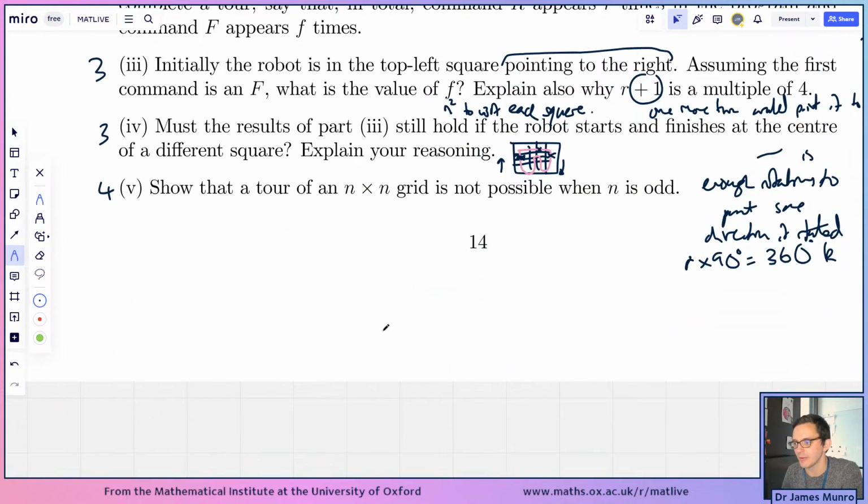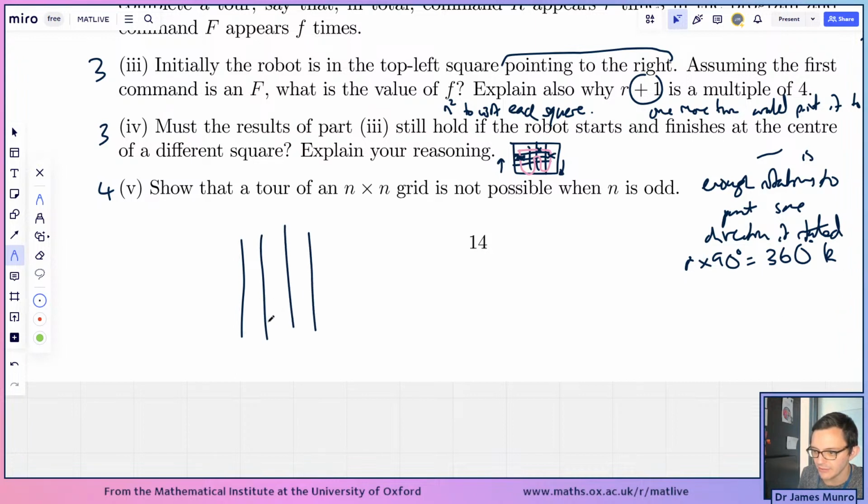Yeah, just to be safe, I'm going to draw a nicer picture. I'm going to give an example of the robot starting here, facing right, first move is an F, then the tour goes forwards, right, forwards, forwards, right, right, forwards, right, right, right, forwards, right, right, right, forwards, forwards, right, forwards, right, forwards, forwards, forwards, right, forwards, forwards.